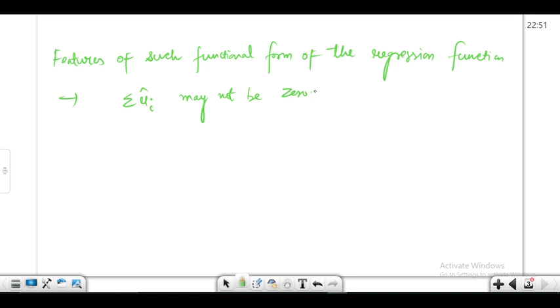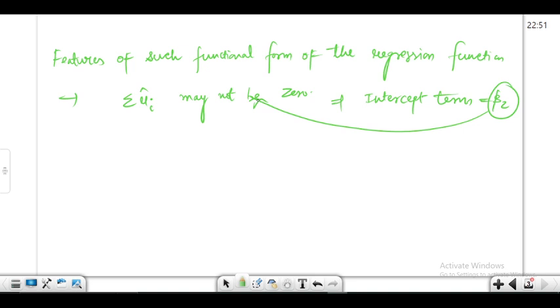If you recall the previous videos, the assumption that summation ui hat is equal to 0 was based, to a large extent, on the fact that we had an intercept term. That was helping us conclude and use the assumption that summation ui hat is equal to 0. I hope you remember this.